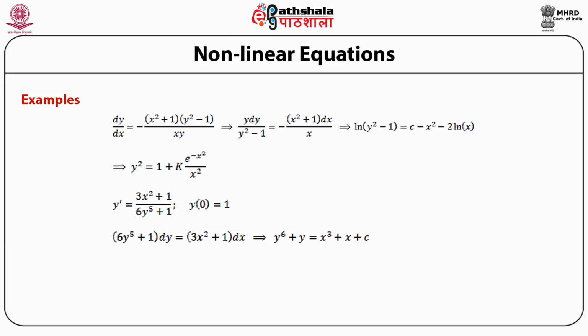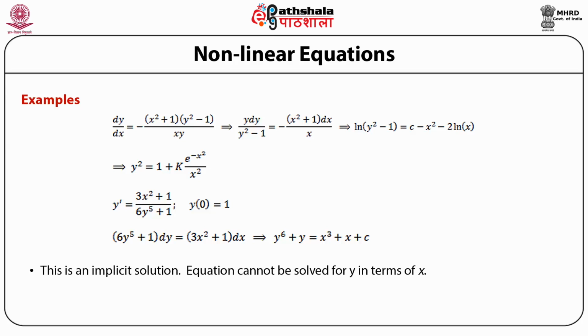On integrating the equation, we obtain y raised to power 6 plus y is x cube plus x plus c. This is the required implicit solution. The equation cannot be solved for y in terms of x. Solution to the initial value problem is thus given by y raised to power 6 plus y is x cubed plus x plus 1.